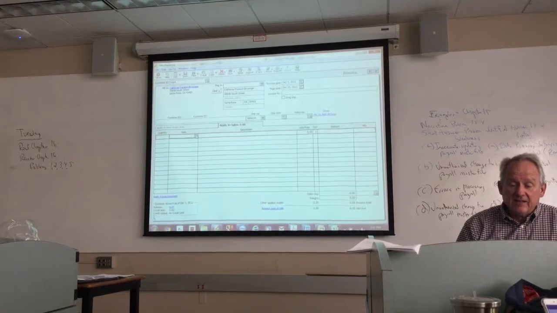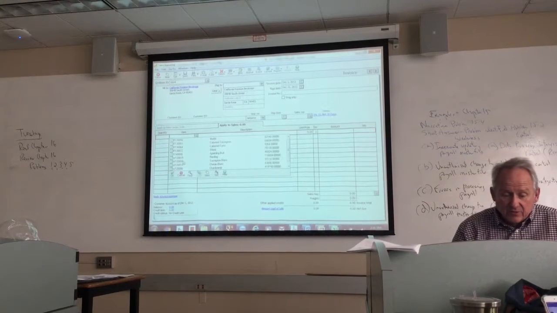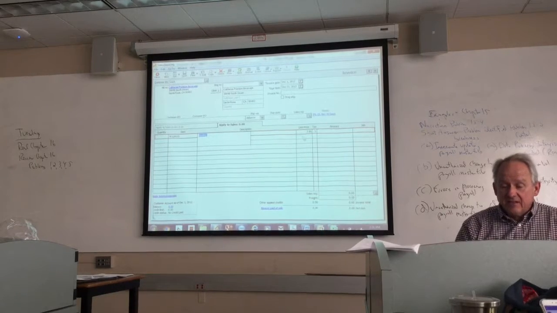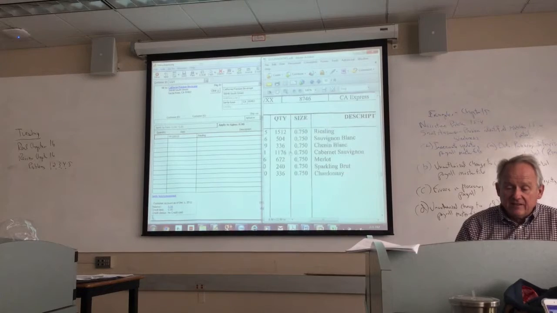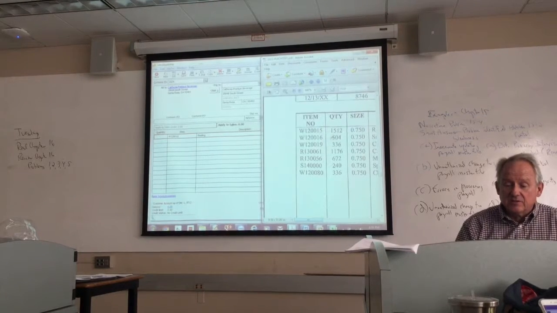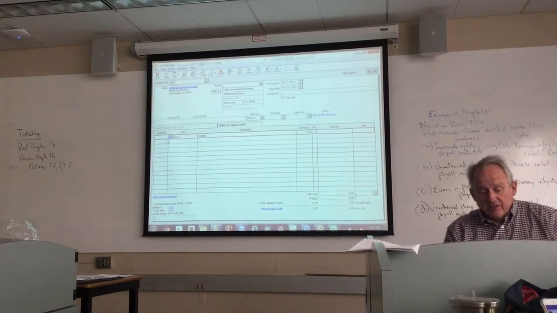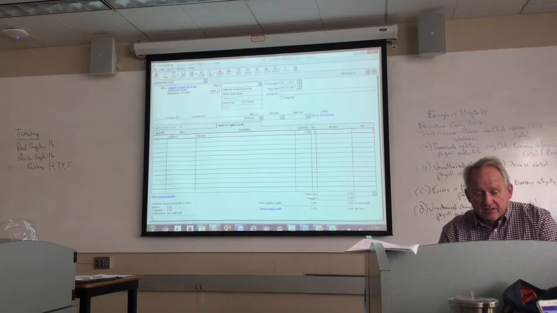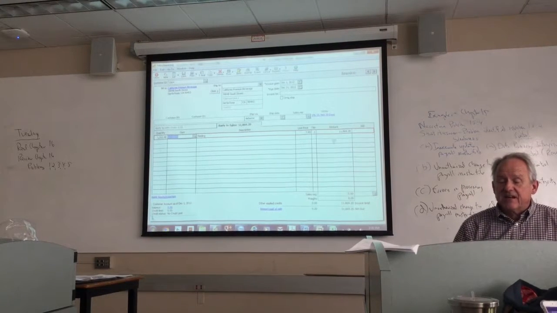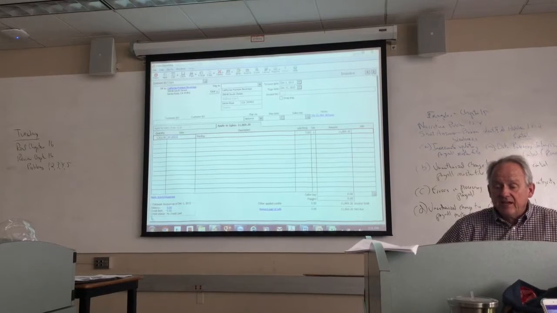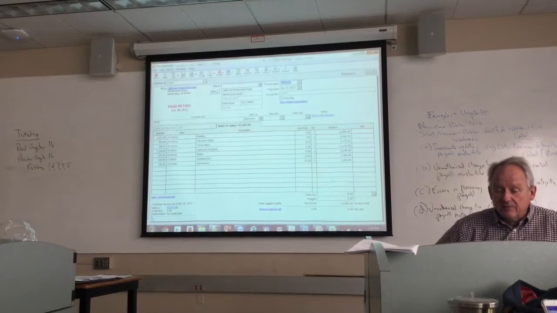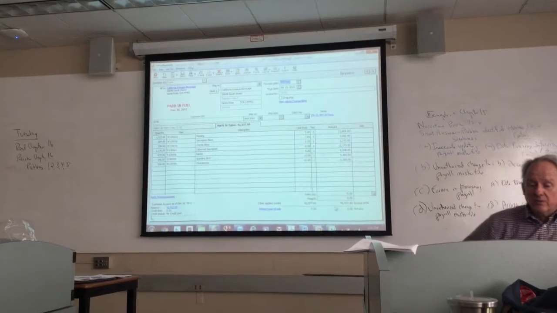So I click on here and pull down to 1215 for Riesling. It tells me the price, and then all you have to put in is the quantity that's sold. So it's much quicker than what you do in the manual project. You just put in the quantity, it extends it out, and you do that for everything that's ordered, and you're going to get the check figure here. This is what the total would be then.